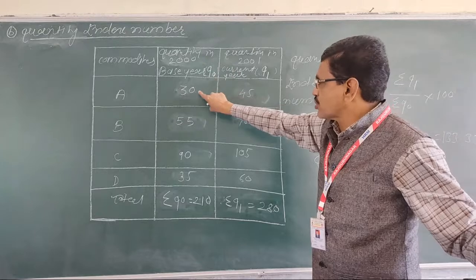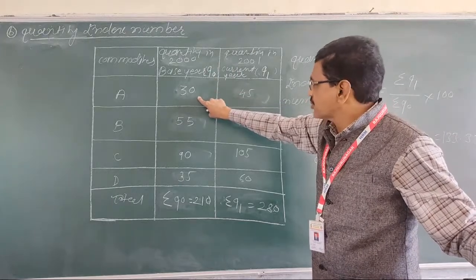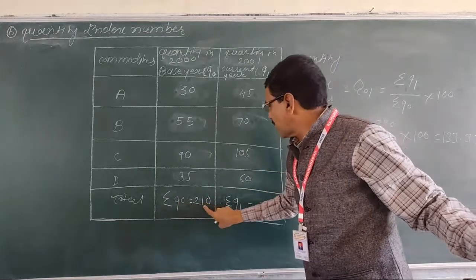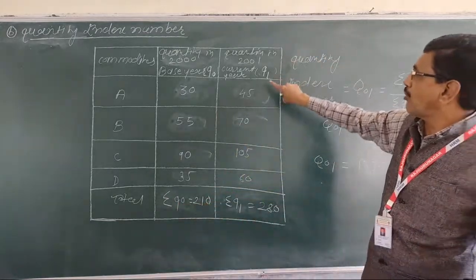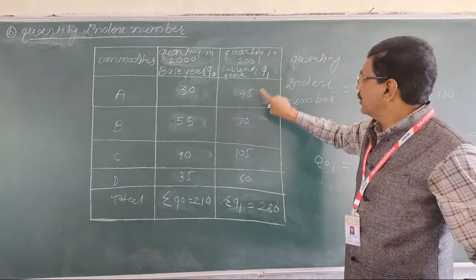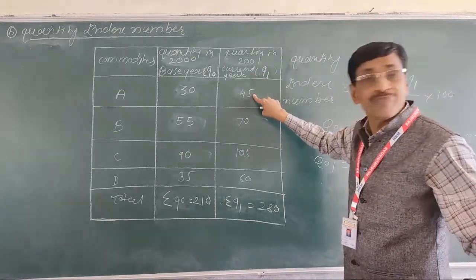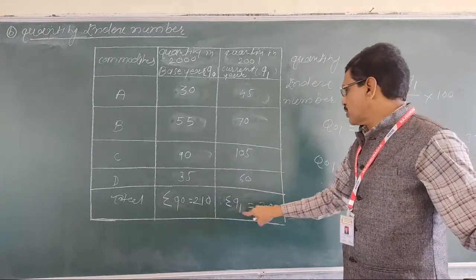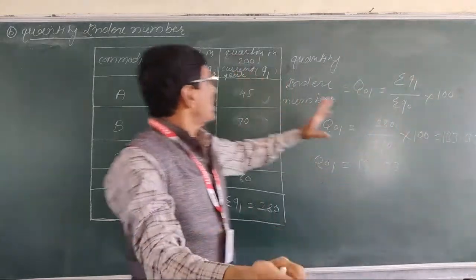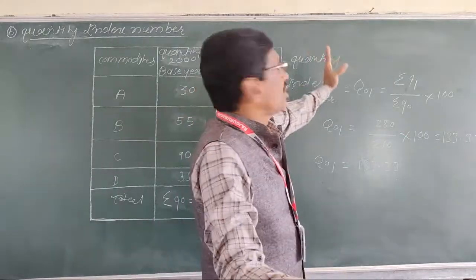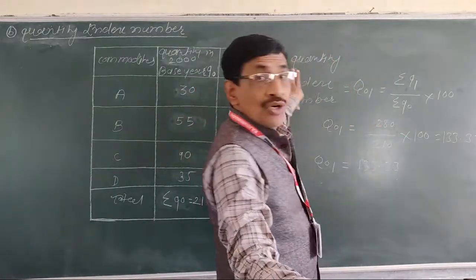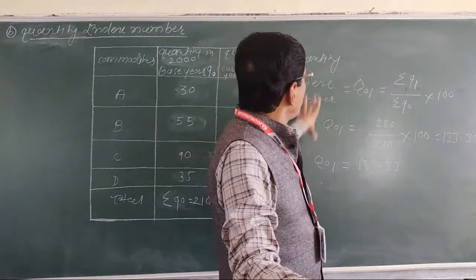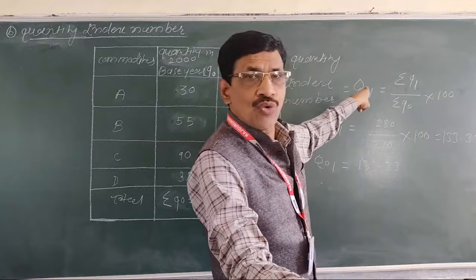Q0 means the sum total of quantity. The sum total of quantity in the base year is summation Q0, equal to 210, and the sum total of quantity of the current year is summation Q1, which is 45 plus 70 plus 105 plus 60, equal to 280. It can be measured with the help of this formula. What is the formula of the quantity index number? Q01 is equal to summation Q1 upon summation Q0, into 100. So 280 upon 210 into 100 is equal to 133.33.